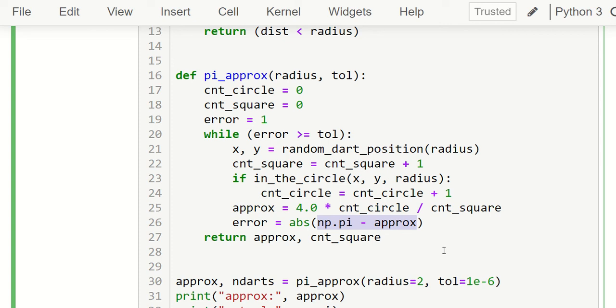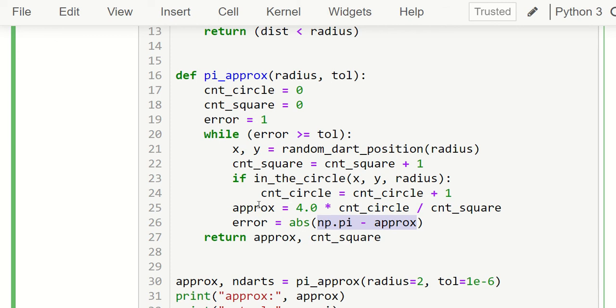Then I'm going to calculate the absolute value of this difference, and I'm going to say, well, this is my new error. So of course, if my approximation is close to the actual value, the error will be small. And hopefully, as I throw darts and carry on, the answer will get better and better because I've got more dart throws.